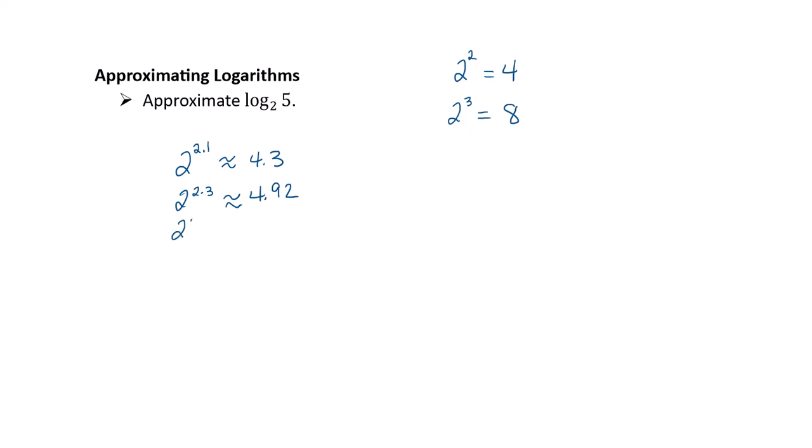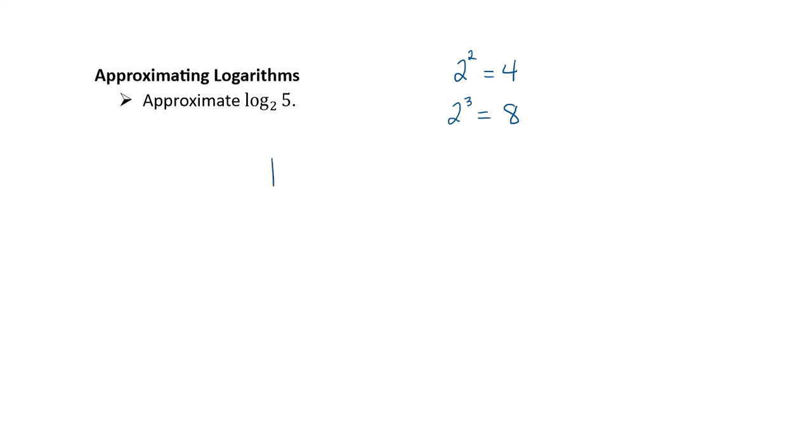Let's try 2 to the 2.35. 2 to the 2.35 is going to shoot us a little bit over. Now, we could spend quite a bit of time trying to narrow down what a good approximation is for this logarithm, what exponent that we would put on 2 to make it 5. But let's see if we can find a better way to do this.